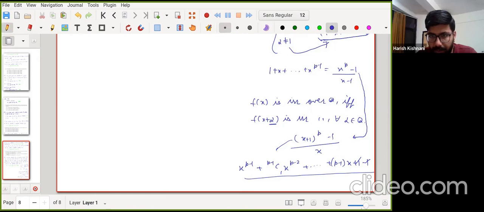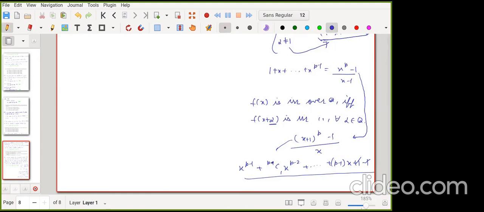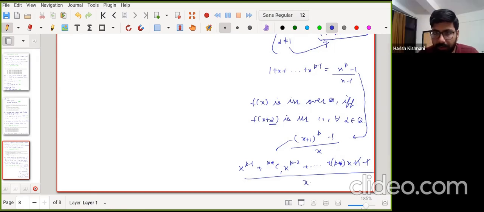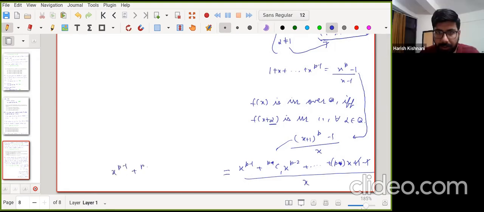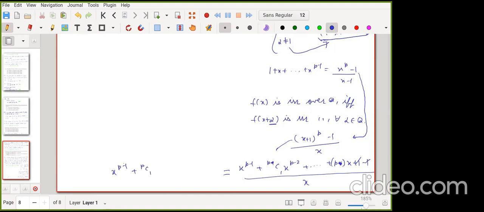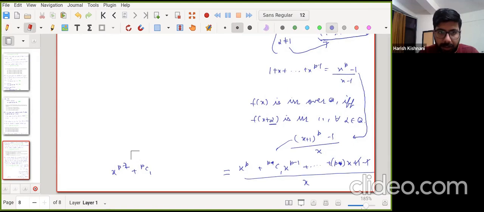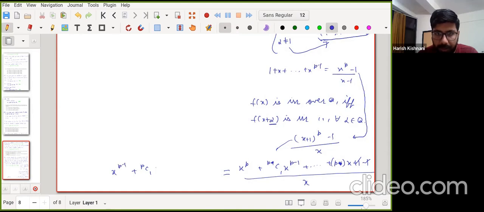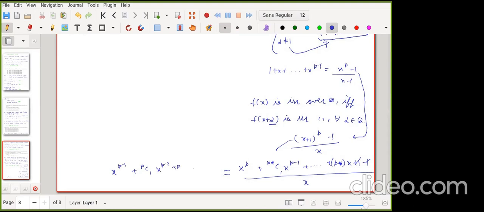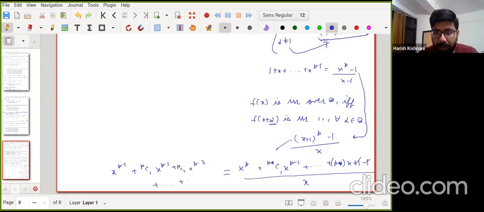In the denominator you already have x, so after dividing, this polynomial will become x^(p-1) plus pC1 x^(p-2), pC2 x^(p-3), dot dot dot. At the end you will have p.